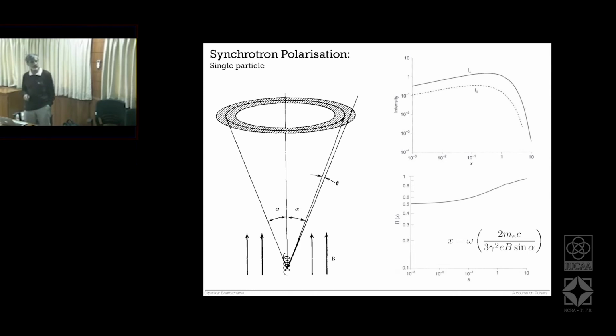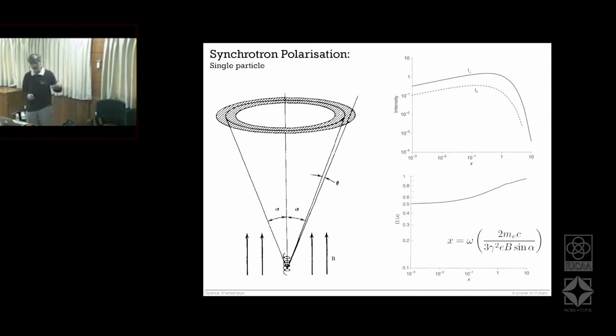Since the emission from near the maximum is most important, you have a typical contribution to polarization from these synchrotron emitting particles in the range of about 60 to 80%, about 70% on average.